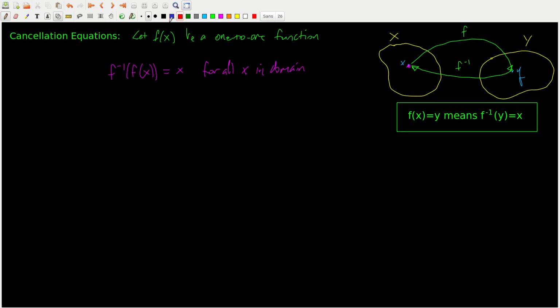We're doing a composition of functions here. So we're composing f inverse with f of x, and so this value x has to be, at the very least, in the domain of f for that composition to make sense. Similarly, in the previous example, we saw that we could also go the other way around: f of f inverse of x. We start over here in this case. We're calling it x instead of y, but that's just a symbol.